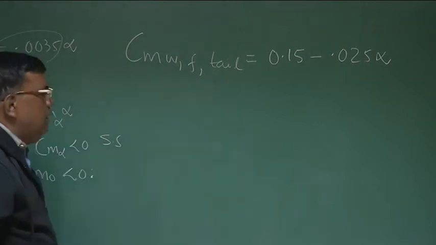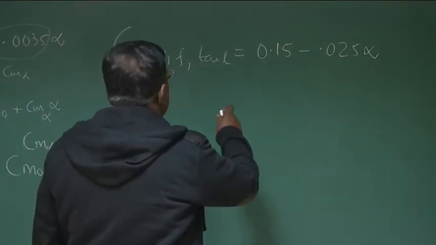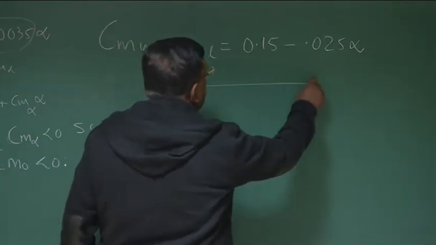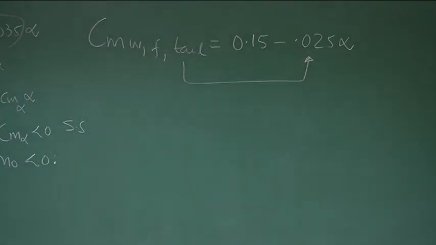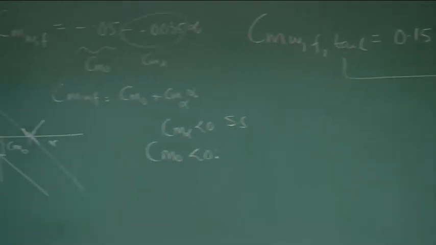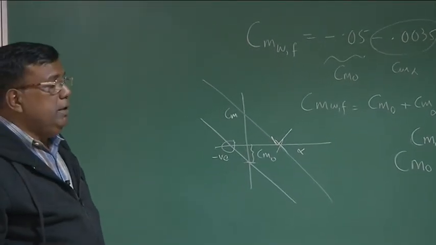That means we have to add a tail. The tail will do two things. One is it is now making Cm alpha more negative from minus 0.0035 per degree to minus 0.025 per degree.